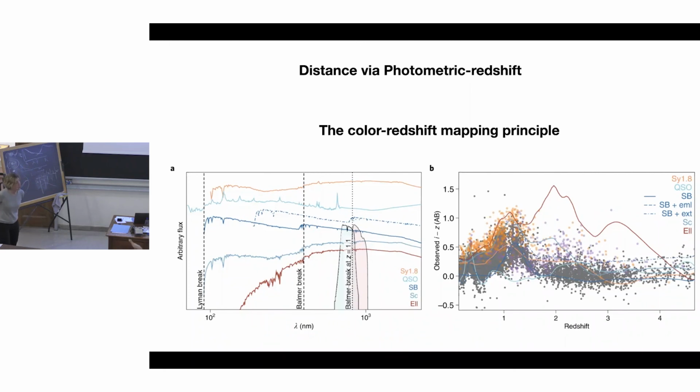Yes, this is something that people also use working on galaxies. They use as a prior the distribution of the type of object as a function of redshift, because in the local universe you have more, I don't know, star forming or more elliptical, and you can use it for AGN.